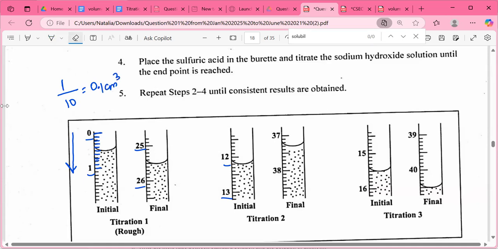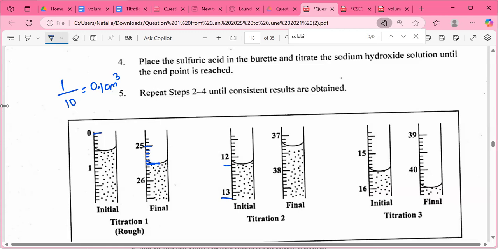So now we're going to take an opportunity to read off these values. We'll start with final first. So our final is here. So we start at 25. We're going down by 0.1. So 25, 25.1, 25.2, 25.3, 25.4.